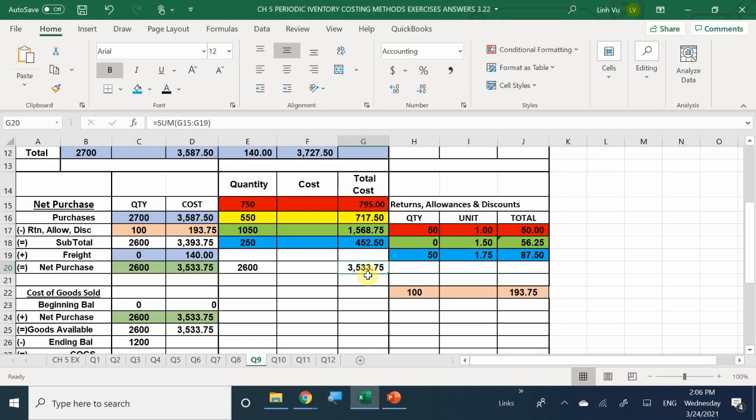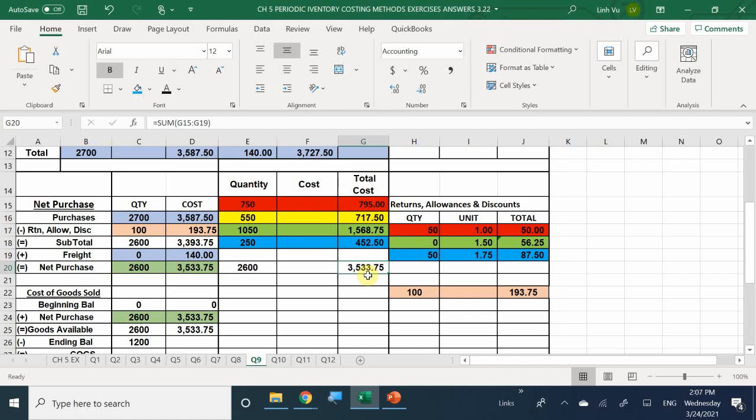We're going to take the new total cost of $3,533.75 and divide it across every single item we purchased. So in this case, we have 2,600 available. That is the average cost.